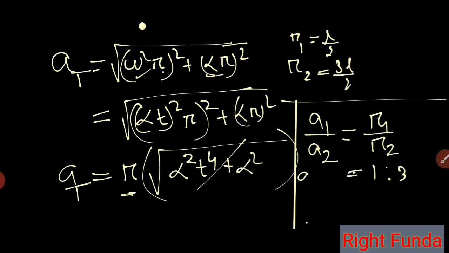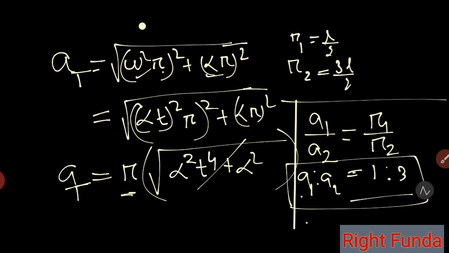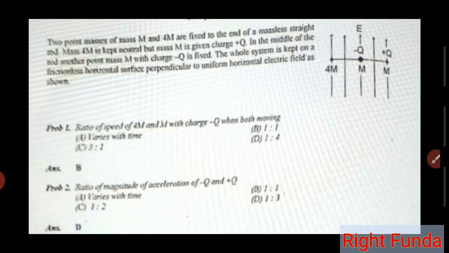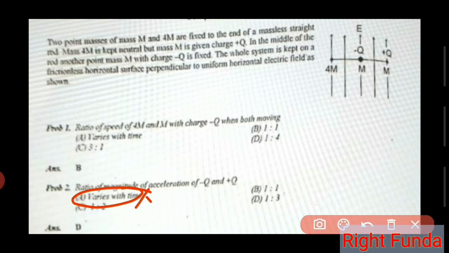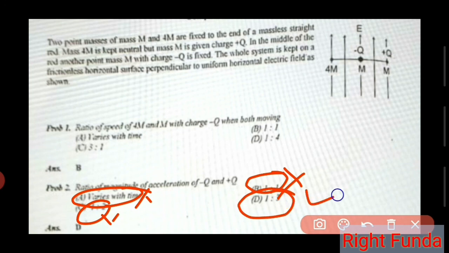So we got that A1 is to A2, the magnitude of acceleration of the negative charge and the positive charge at any instant, will be 1:3. The first option says that it varies with time. No, it does not vary with time. 1:1 no, 1:2 no, 1:3 is the correct answer, D. This is the ratio of the magnitude of the acceleration of the two charged particles that we calculated.